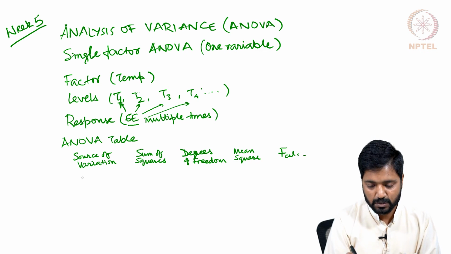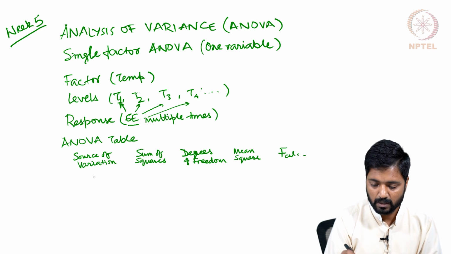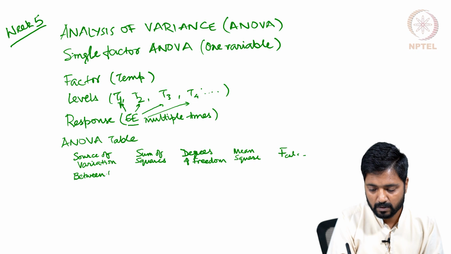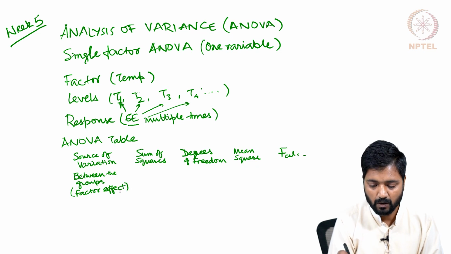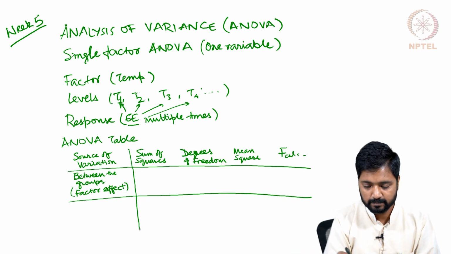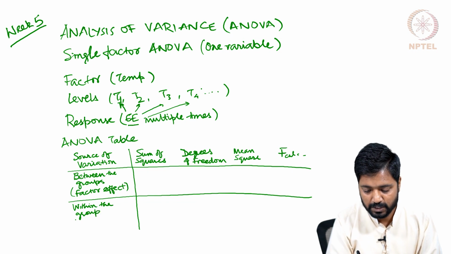In the source of variation, we could have two sources of variation: between the groups, which is known as the factor effect, and also within the group, which is known as the error effect.